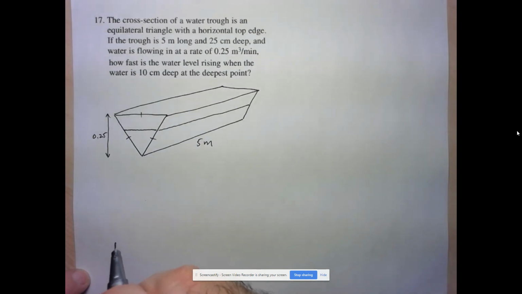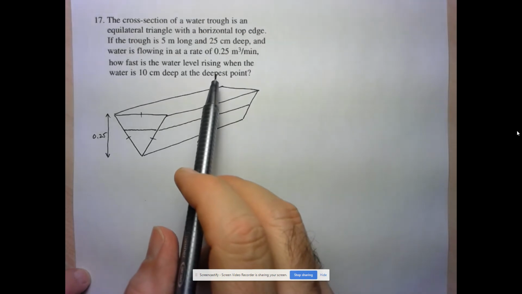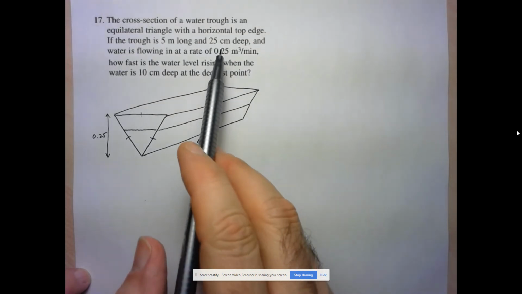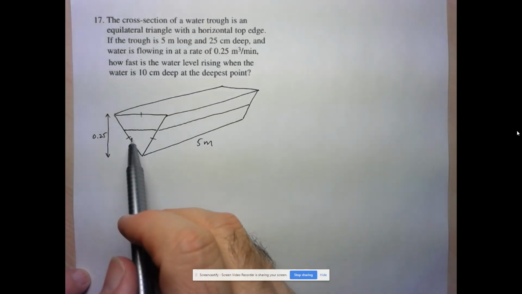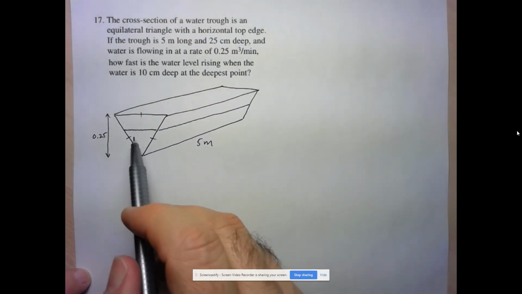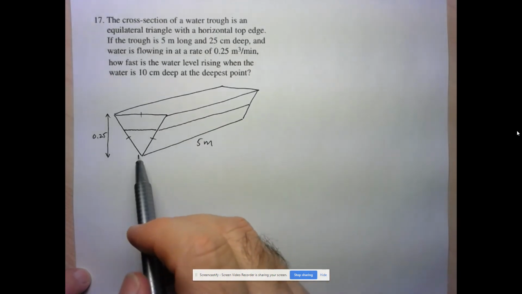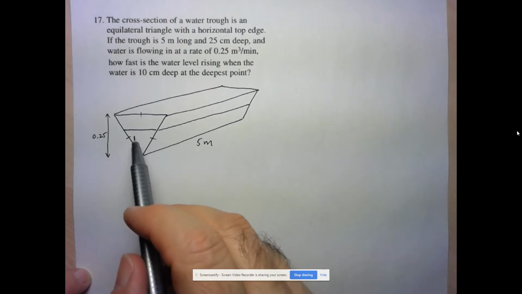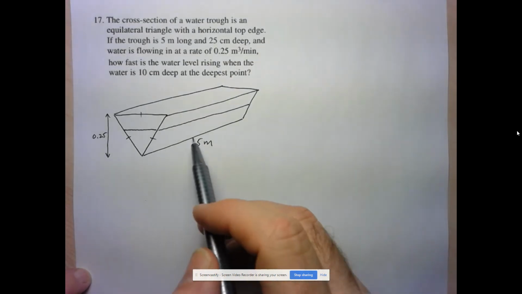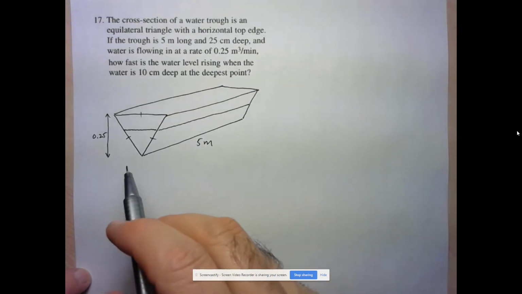What we want to know is how fast the water level is rising, and what we know is the rate of change of the volume. So we're going to need an equation that gives the volume of water inside the trough. Since this is a prism, it's just the area of the base times the length of 5 meters.